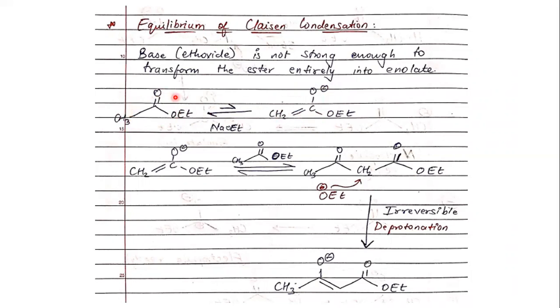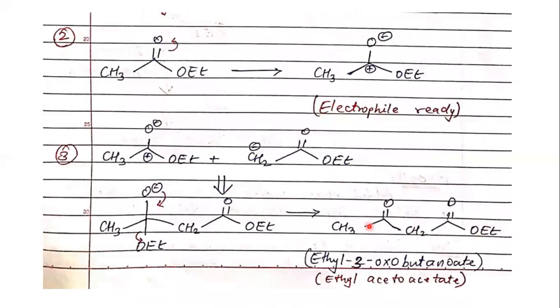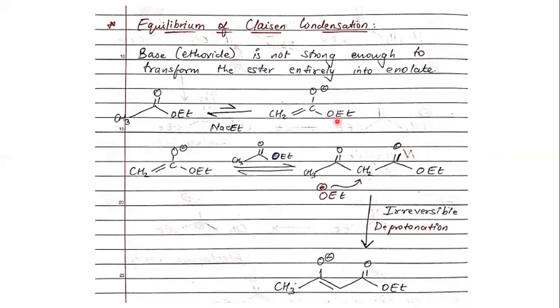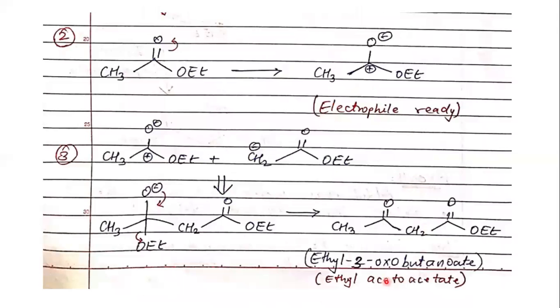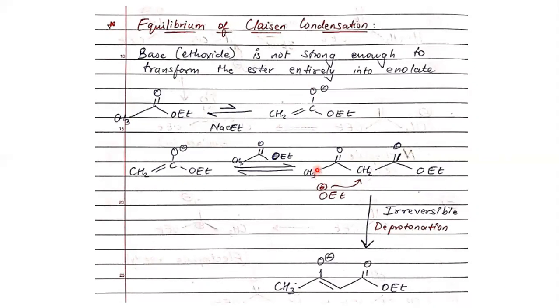More of your unreacted ester is still going to be there. But my reaction still is happening. Eventually my ethyl acetoacetate is still going to form. So if this reaction is not happening as much as it should, then what is driving the reaction? What is making the final product to be formed? Something has to drive the reaction.